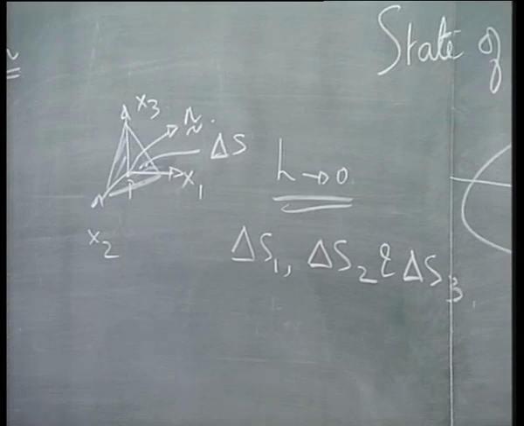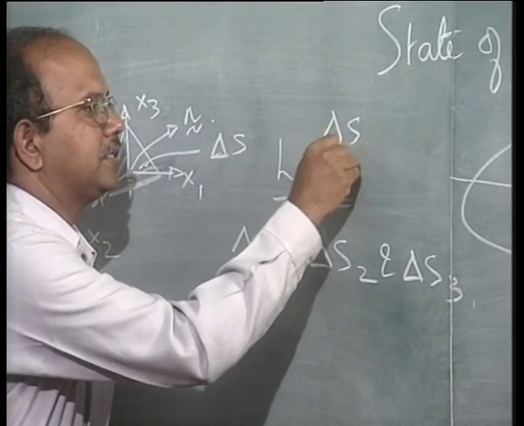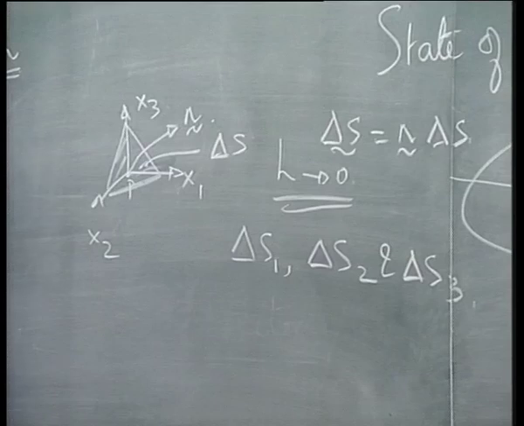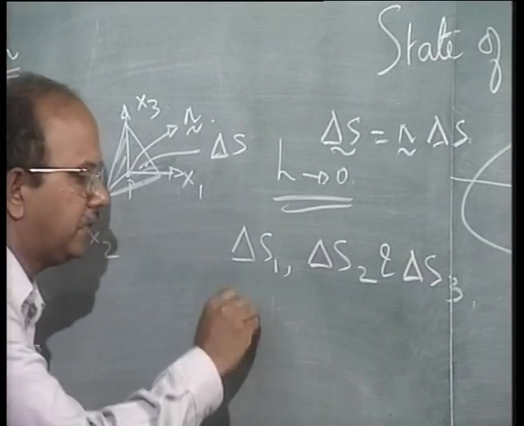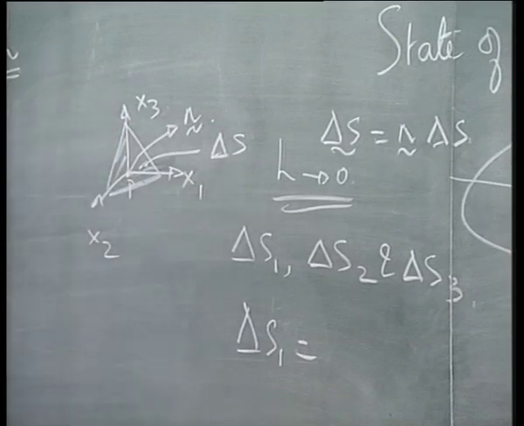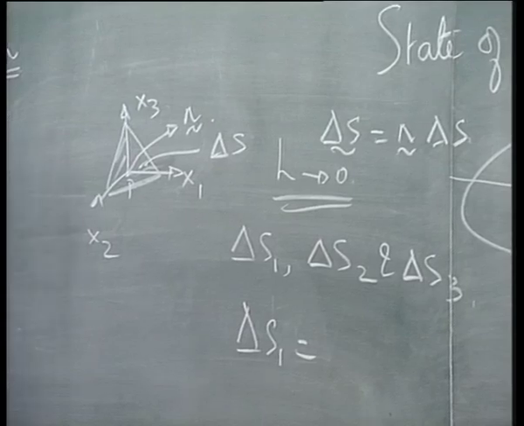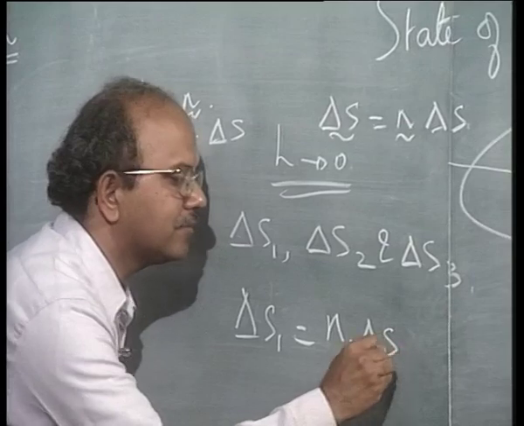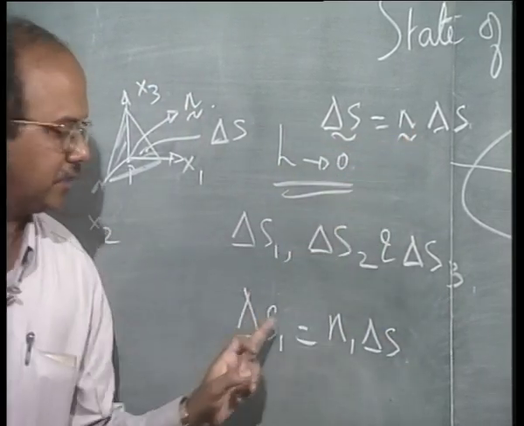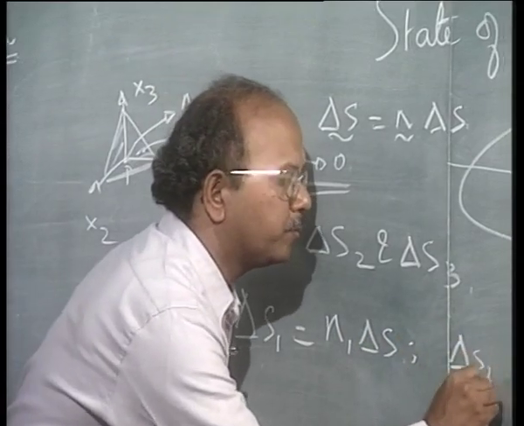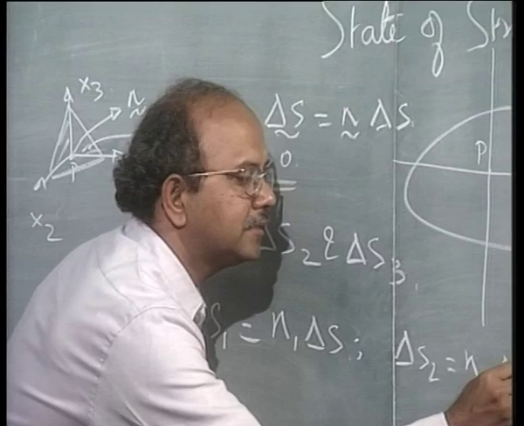Please note that you can define the area also as a vector and call this delta S is equal to n delta S. So delta S1 can be defined as n1 delta S. Resolving this in the one direction, I will get delta S1 is equal to n1 delta S. Similarly, delta S2 is equal to n2 delta S. What is n?